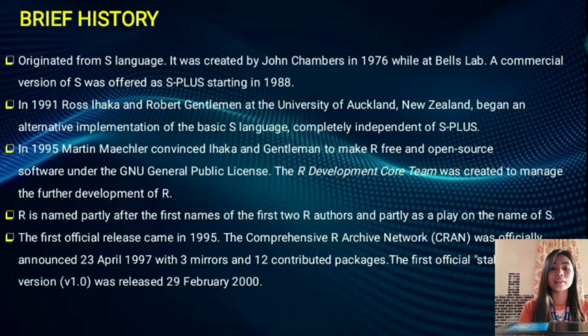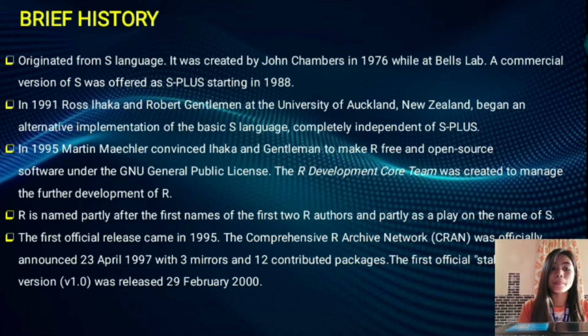Now, in 1995, Martin Maechler convinced Ihaka and Gentleman to make R free and open source software under the GNU General Public License.